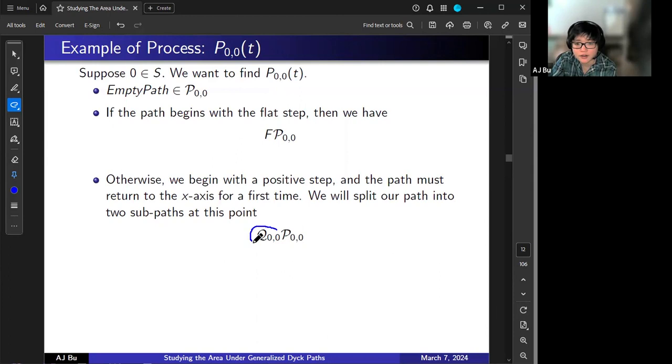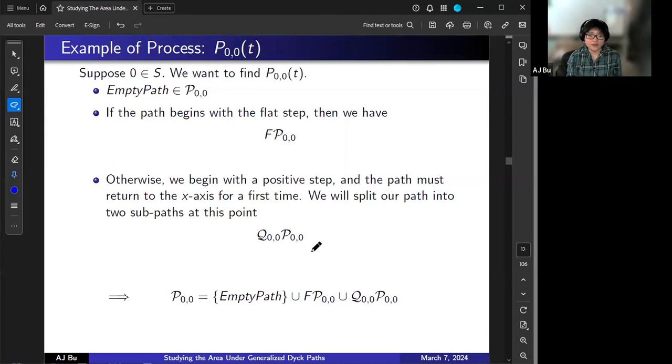Everything in Q00 is up until the point that we hit the x-axis for the first time, and then P00 is whatever follows. And if it only hits the x-axis once, that's fine because our set P00 contains the empty path. So then here we just have the empty path. This is similar to how we defined the D before, when we were proving the Motzkin path equation.